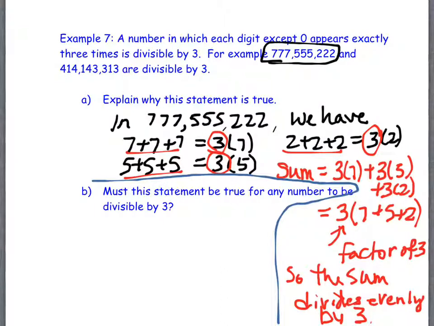Okay, part B then. This is one of those can it, must it kind of things, right? So must this be true? No, it doesn't have to. Do you have an example? You think of one? 21. No. Because 21, well, we'll say it this way. 3 divides 21.